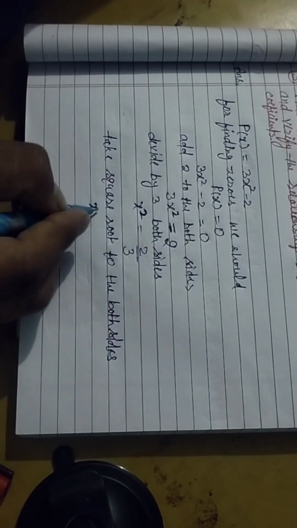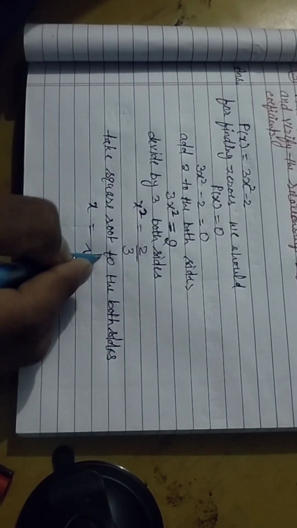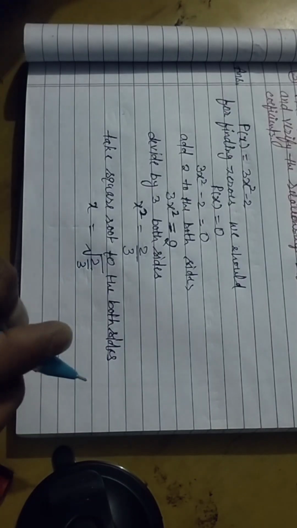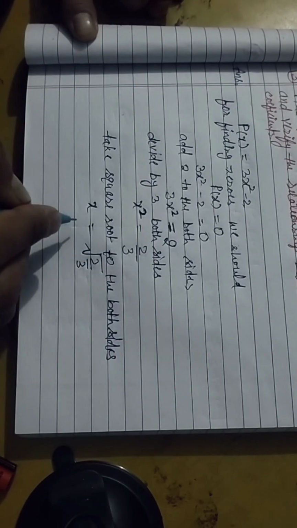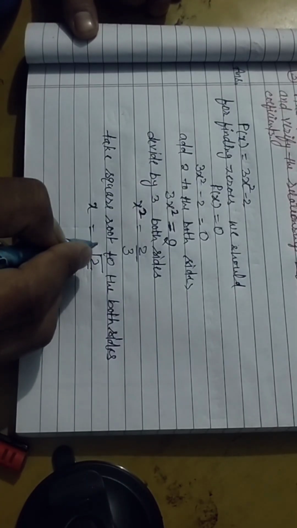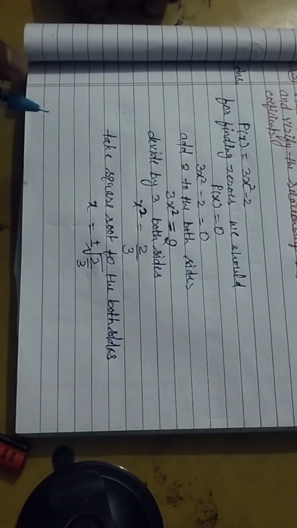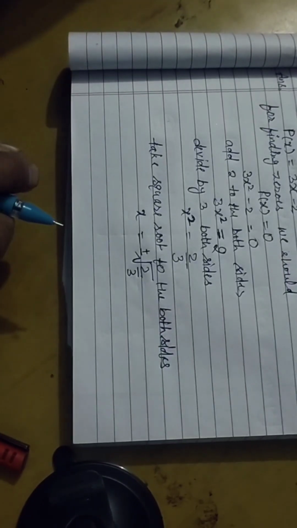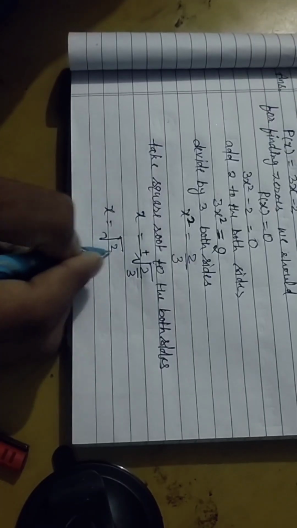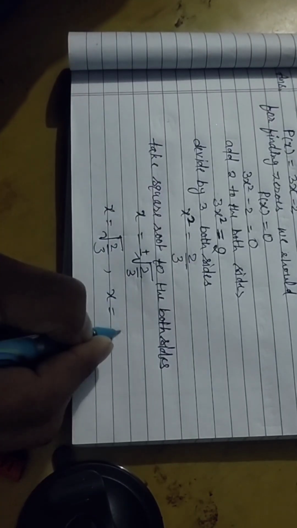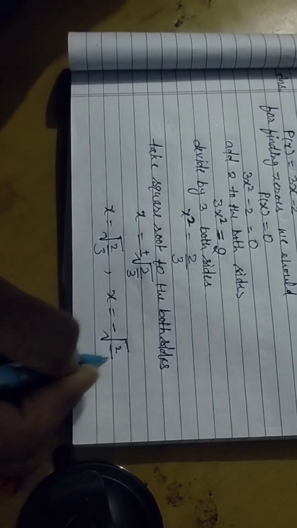Then root and square will cancel out, and here root 2 by 3 will remain. And we can say this is plus or minus. Then we have our two zeros: x equals root 2 by 3 and also x equals minus root 2 by 3.